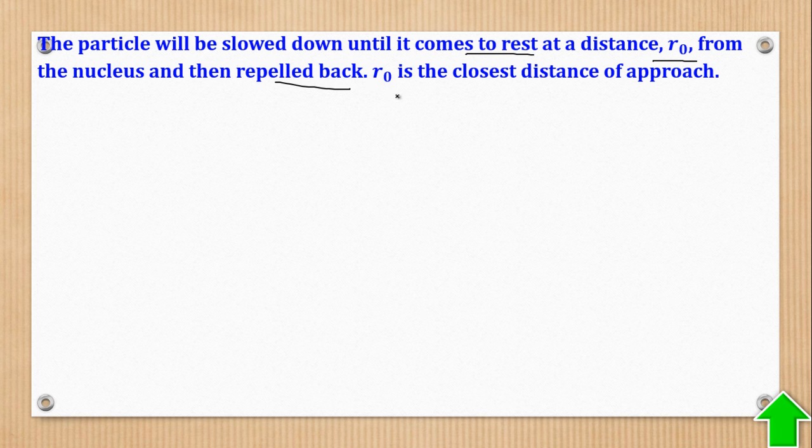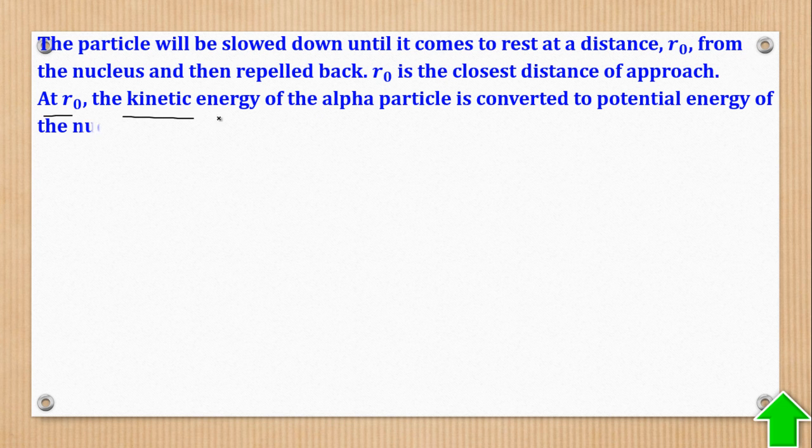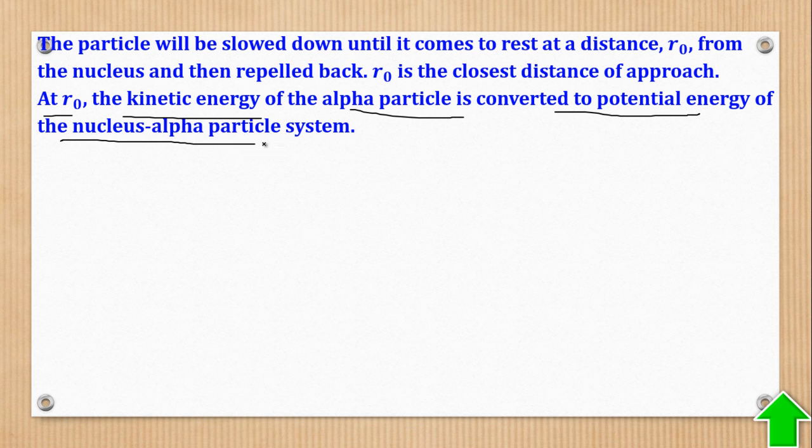I think we have seen that. So r0 is the closest distance of approach, and that's what we want. Therefore, at r0, the kinetic energy of the alpha particle is converted to potential energy of the nucleus-alpha particle system.